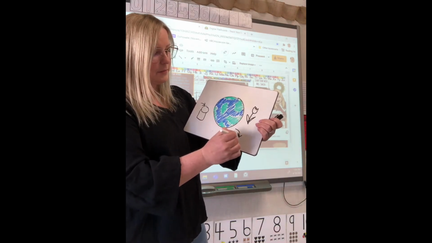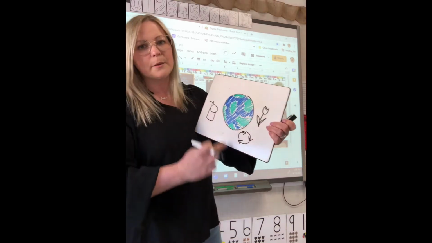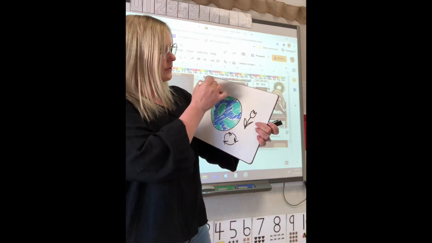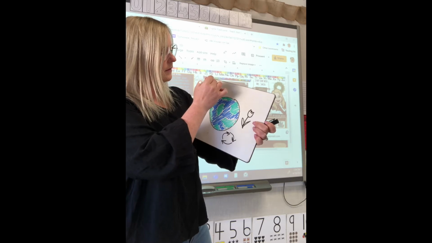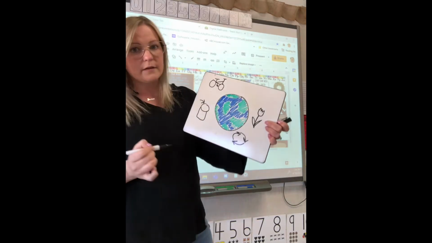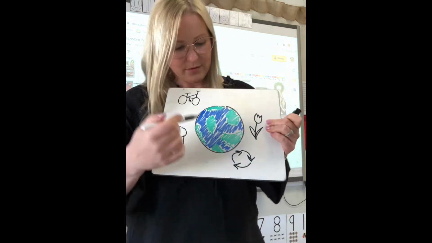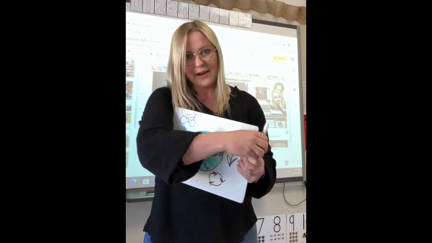So this is the symbol for reduce, reuse, recycle. Maybe instead of driving, you ride your bike. Okay, so that's what I want you to draw and send that to us. The earth and things you can do to take care of the earth.